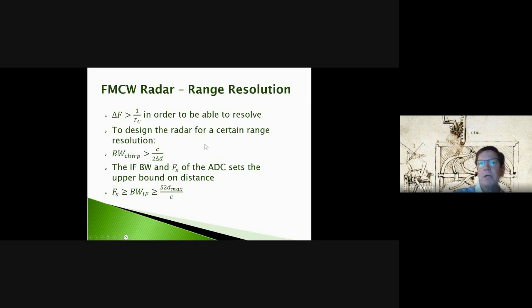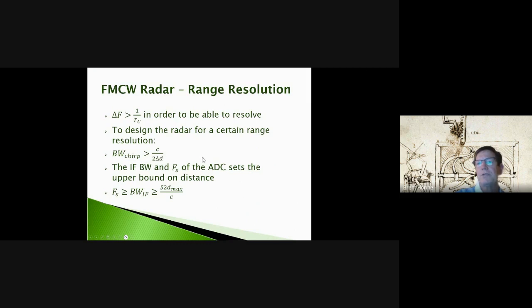If you're doing a missile tracking radar and you want to find out if there's one missile coming at you or 100, then you need to be able to resolve those spatially, and that requires a wide bandwidth radar system. So the bandwidth of our chirp needs to be greater than C divided by 2, and then this is a delta distance, the change in distance.